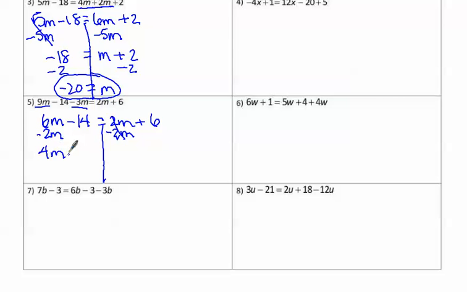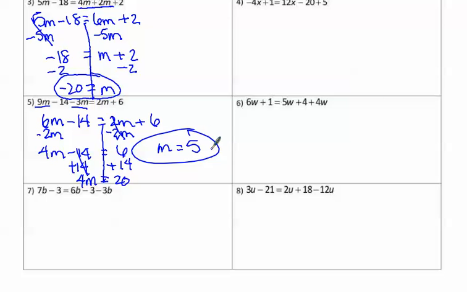Get 4m minus 14 equals 6. You have a two-step equation, so you add the constant first. So plus 14 to get 4m equals 20. Divide each side by 4 to get m equals 5.